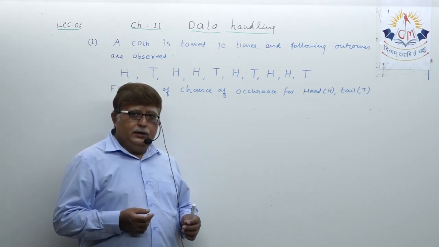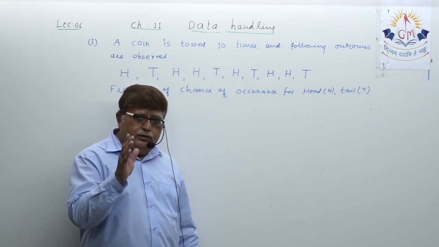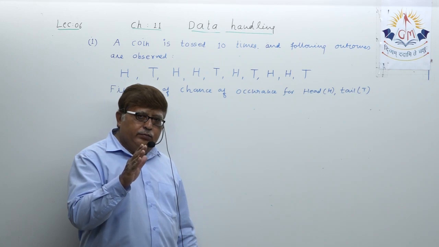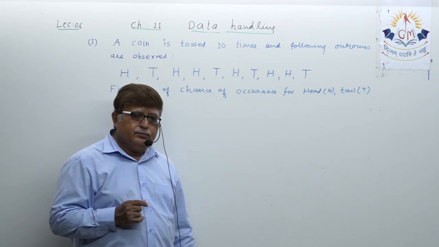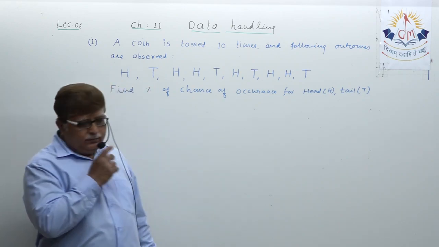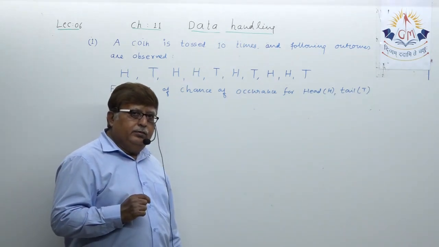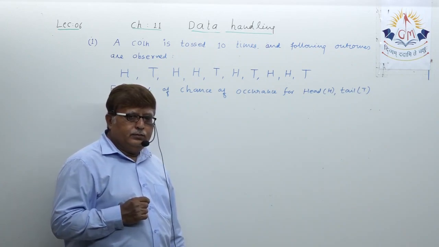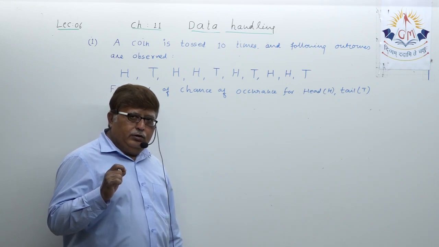Before I start discussing this example, see the example of the previous lecture. The first column there has been titled outcome.